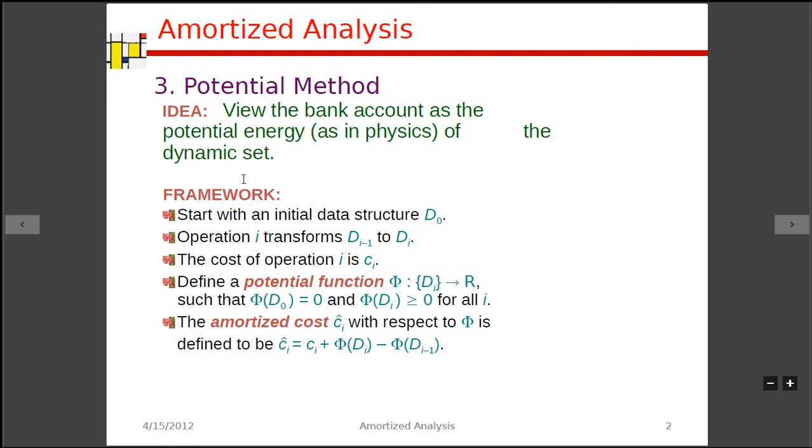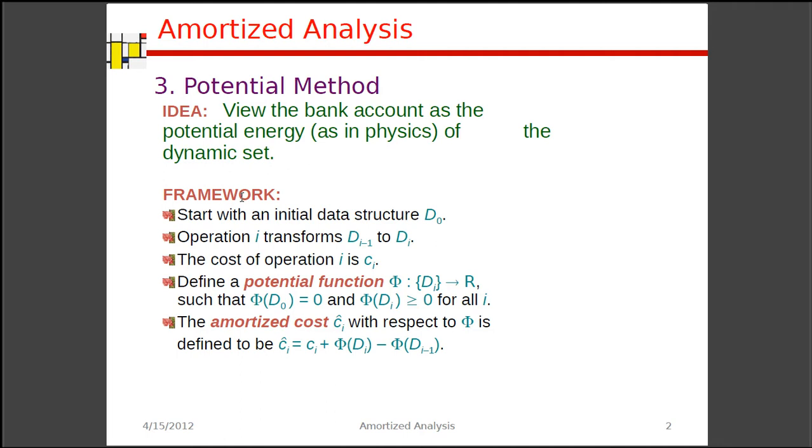So let us see what exactly the framework of the potential method is. We'll try to understand mathematically how the potential method works. Whatever discussion we will have from here onwards will be on the basis of the behavior of the bank account, because the potential method is based on the identification of a bank account.